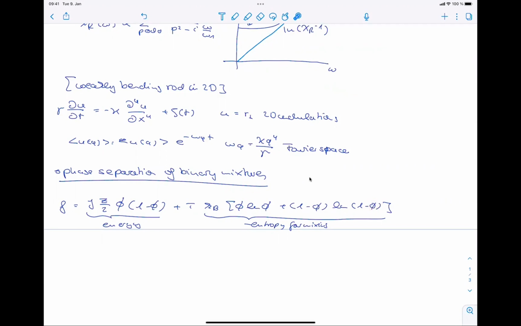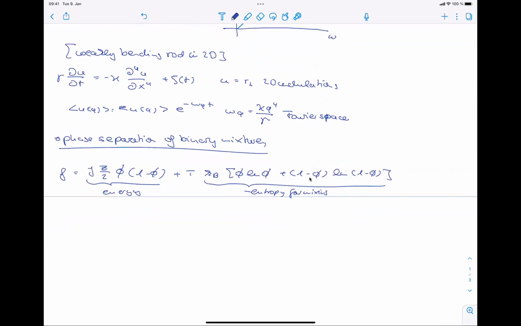And so there are two competing factors. One is the mixing entropy, which favors mixing, and one is the interaction energy, which, depending on the choice of the sign, favors mixing or a demixed phase.